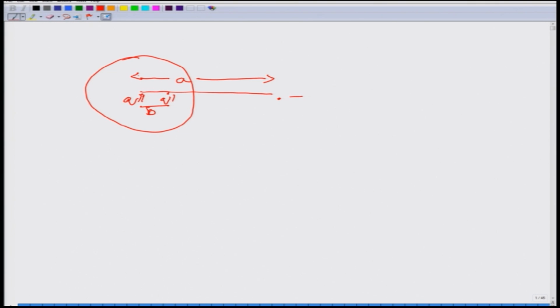Okay. So from problem 3.9 you already know that b has to be at a distance r square by a, where r is the radius of this spherical shell, and the charge q prime has to be minus q r by a. So in this case q is the charge of the electron.